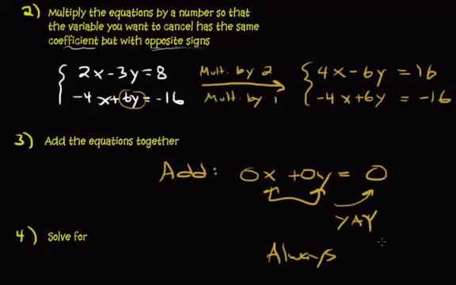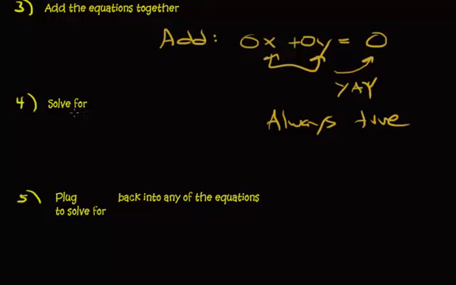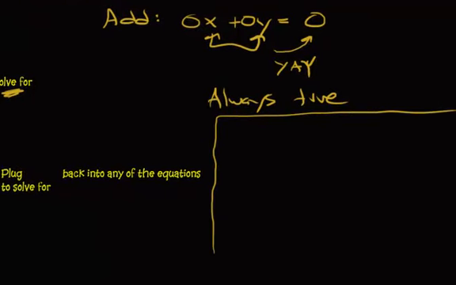So again, there's no reason to do step 4 because I'm not solving for any variables, and there's no reason to do step 5. So what I'm going to write is infinitely many solutions. That's what this means when this happens.